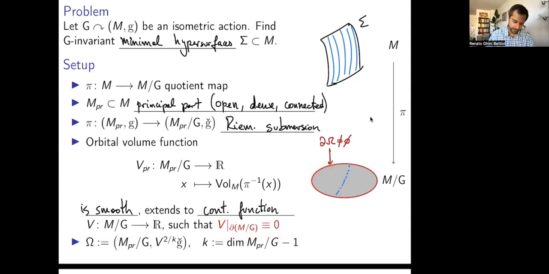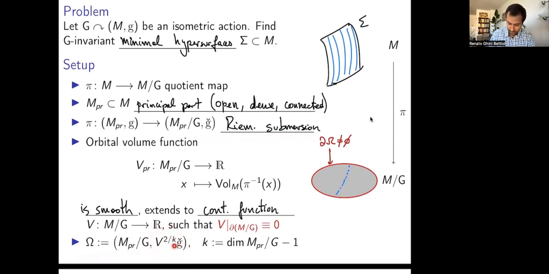All right. So throughout the talk, I'll denote by omega the Riemannian manifold obtained by looking at the principal part of this quotient and equipping it with this conformal metric. So here, G check is the metric that makes that a Riemannian submersion. And then I insert this conformal factor, which is an appropriate power of the volume function that we were just talking about.